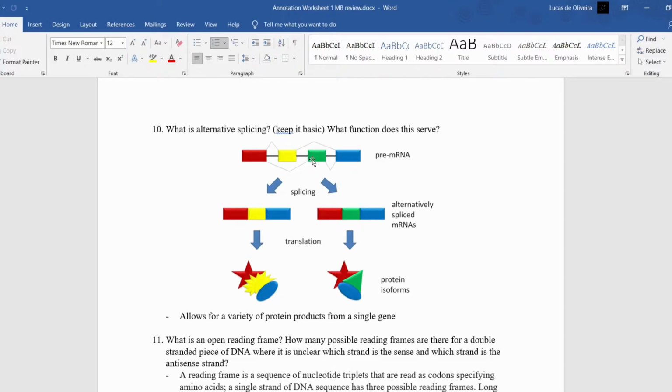But then let's say that in the intron sequence there's some ambiguity, or an alternative code, a different way it could be reinterpreted, where sometimes, depending on what other outside factors or enzymes or proteins are working, it will splice differently, and that's called an alternative splice site.